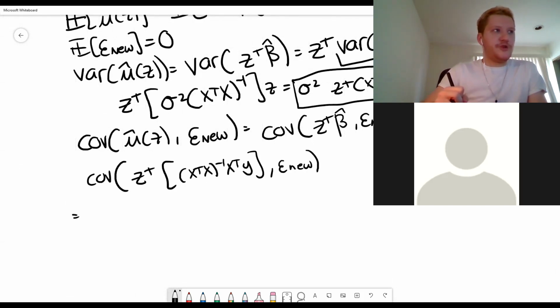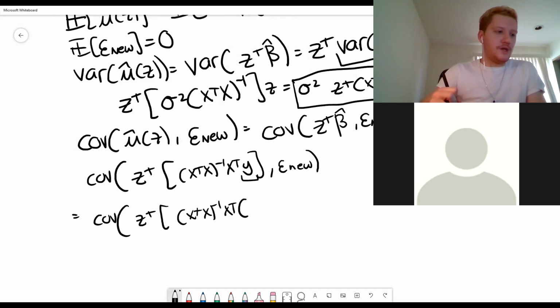And then we can replace y with what y actually is, so the covariance of z transpose x transpose x inverse x transpose, and then y is equal to x beta plus epsilon, and then epsilon nu.